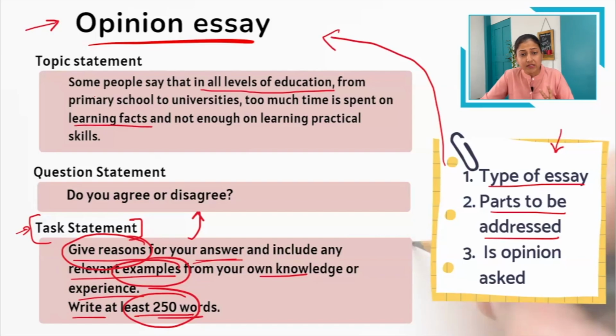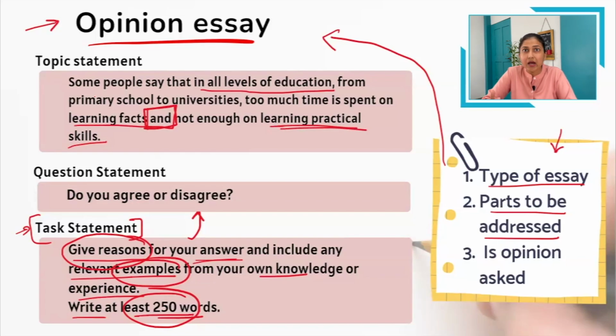Plus, it says and. Again, an important word. Okay. And is an important word here. So, too much time is spent on learning facts. This is something that I have to talk about in my essay, in my response. And I must also talk about not enough on learning practical skills. So, this should also be part of my answer.